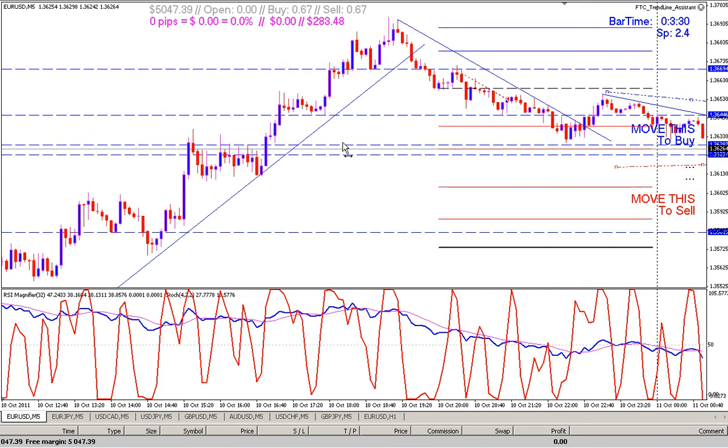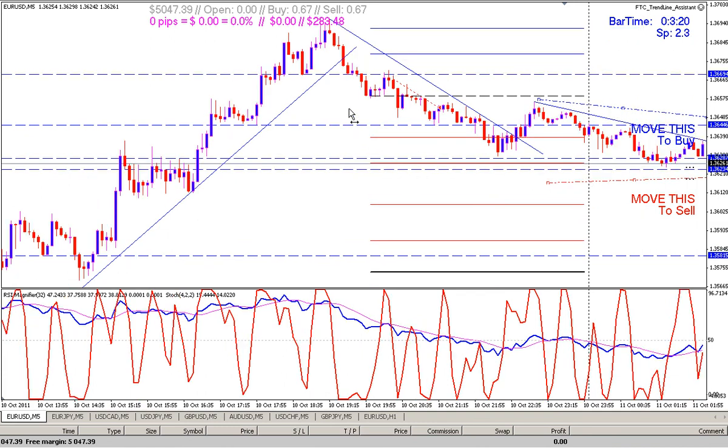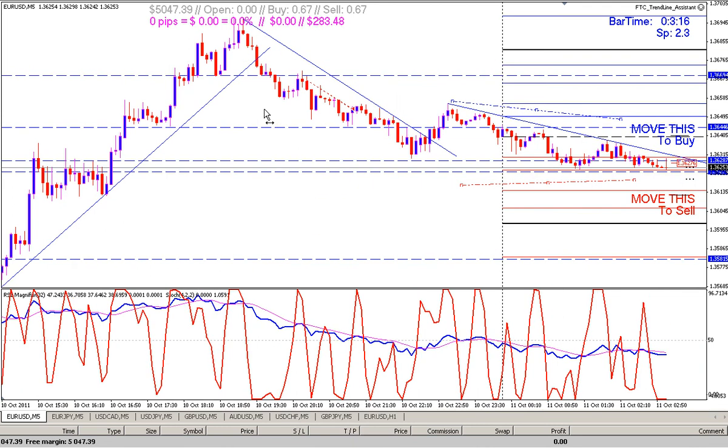And if I move over here so that the Fibonacci lines are here, you'll see, well, I guess the Fibonacci didn't contribute to that as much as I seem to remember. What did contribute was this horizontal resistance line.